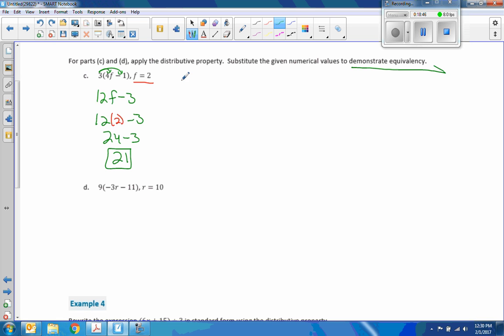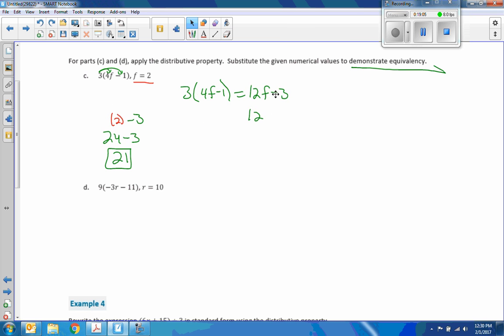Okay? So now I've got to take the original and make sure it's equal to 12f minus 3 by plugging into here. So I've already done the right side.